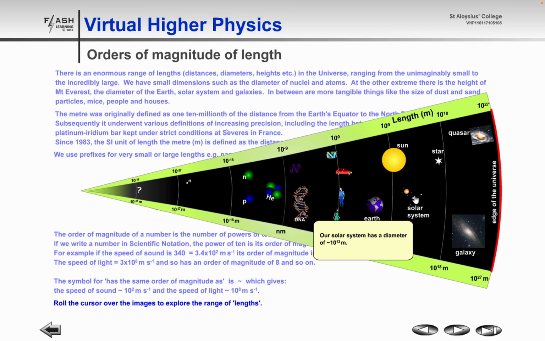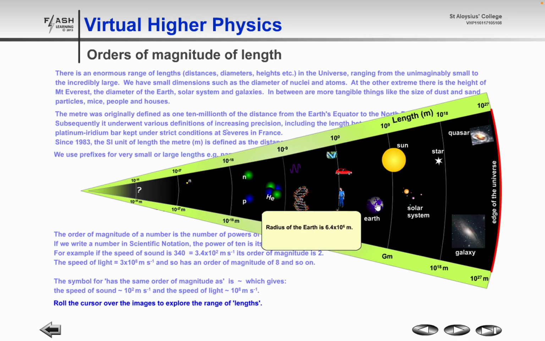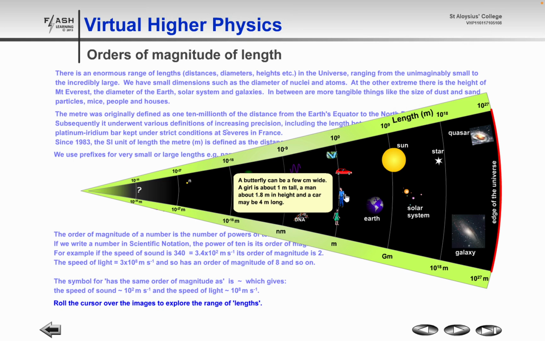And to the edge of our solar system, we're talking about 13 orders of magnitude. The Sun, we can think about 2 orders of magnitude here. The radius of the Sun is about 8 orders of magnitude, whereas the distance between the Earth and the Sun is about 11 orders of magnitude. And so on. You get the basic idea as we go from large.